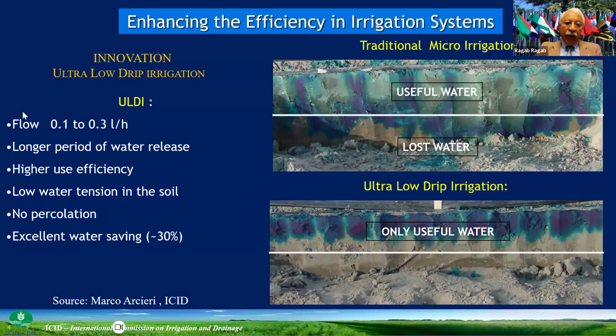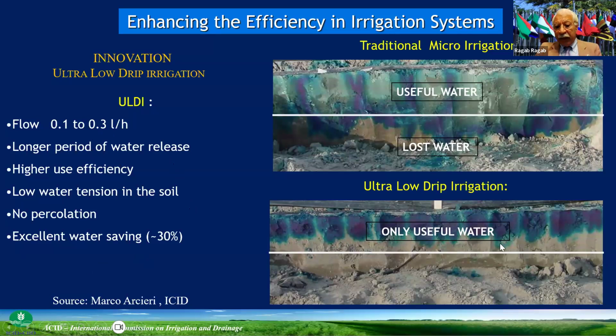So the flow is 0.1 to 0.3 liter per hour. The standard or conventional drip irrigation is between 2 and 4 liter per hour discharge. We are using here 0.1 to 0.3, very low flow, longer period of water release, higher use efficiency, low water retention in the soil, no percolation, excellent water saving, about 30%.